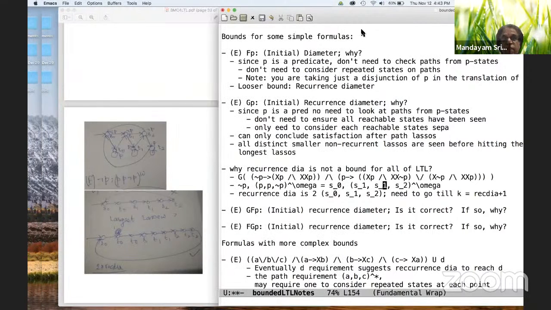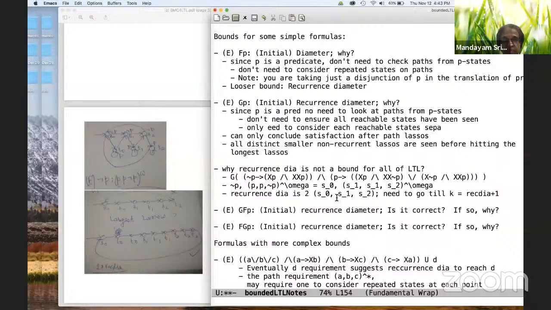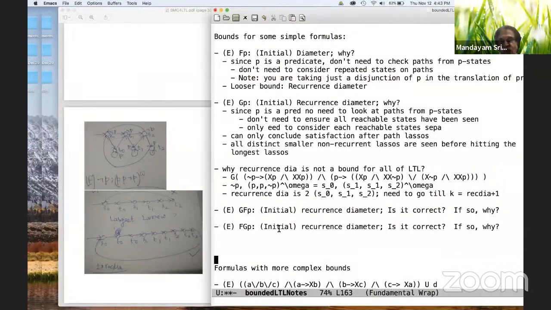But an interesting thing is, look at this. So what do you think? I have G of F of P, F of G of P. These are very commonly occurring formulas, because unary LTL is a fairly big class, and you can express lots and lots of very interesting properties.